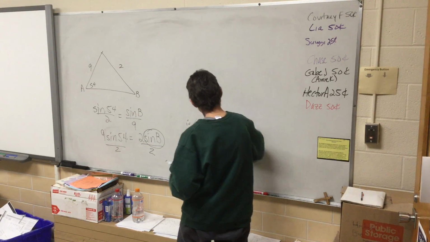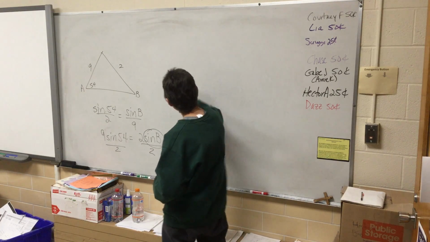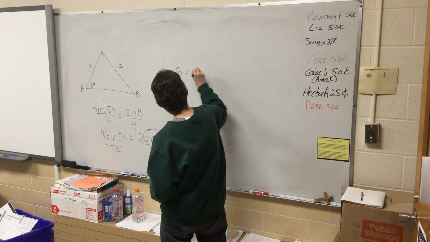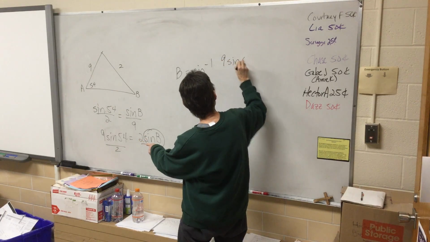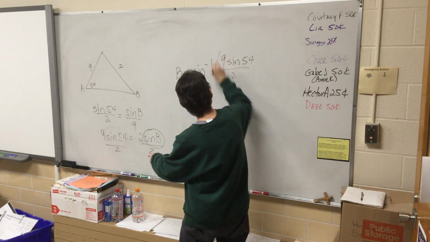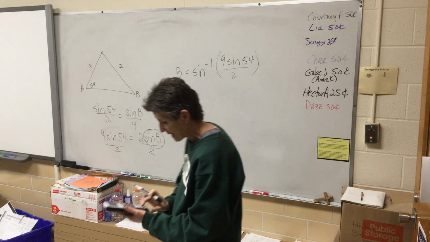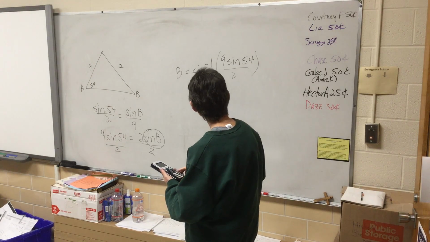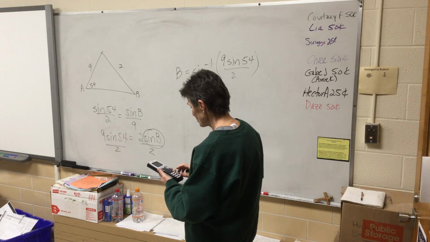And then I need to go to my calculator and I'm going to type in second sine, 9 sine 54 divided by 2. You're either going to get an answer or you're not. So second sine, 9 sine 54, close parentheses, divided by 2.